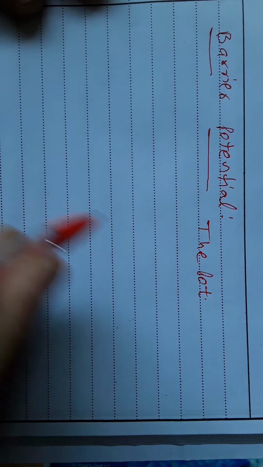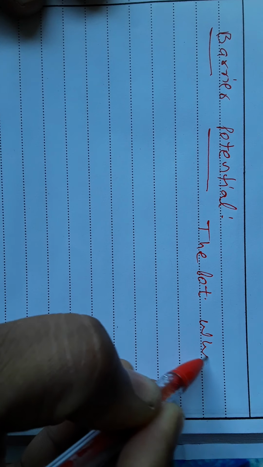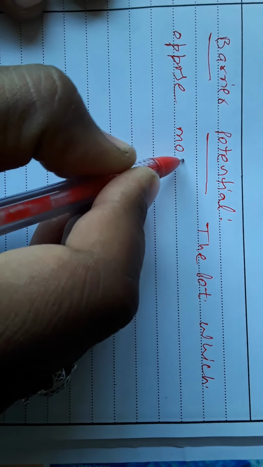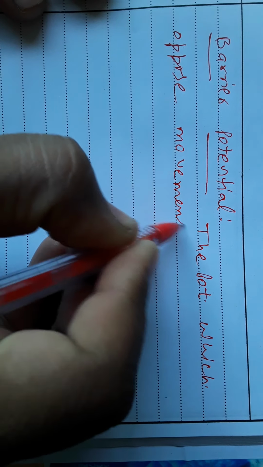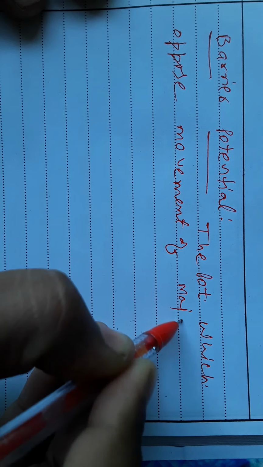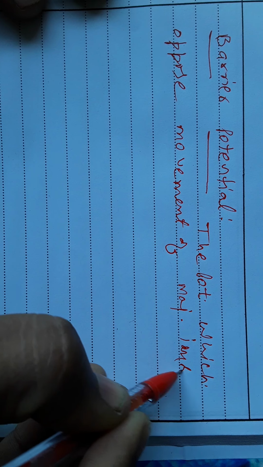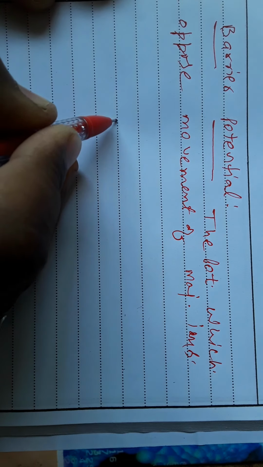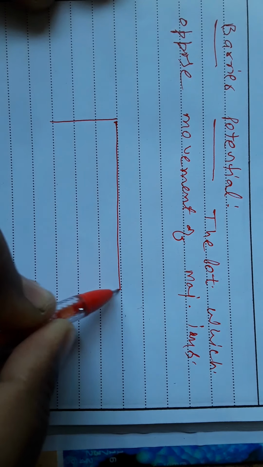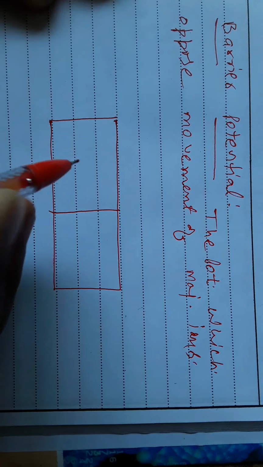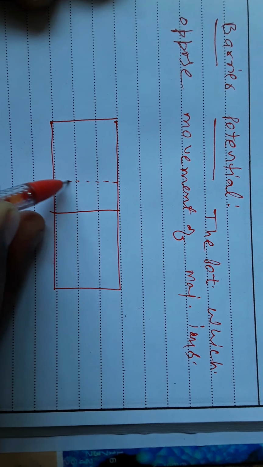Next topic is barrier potential. The potential which opposes movement of majority ions is known as barrier potential. This is PN diode. This is depletion layer.